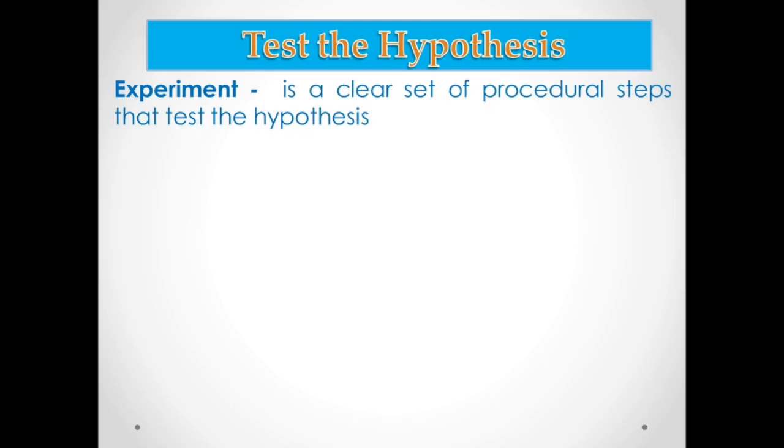So, an experiment is a clear set of procedural steps that test the hypothesis. In an experiment, there are also steps that you need to consider in order to find out the result.